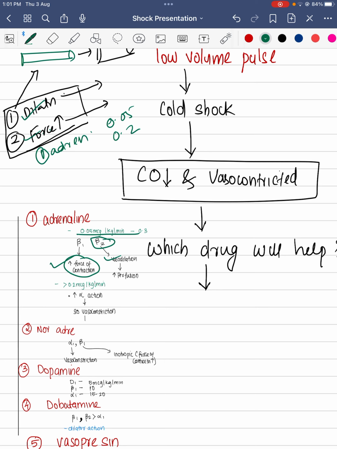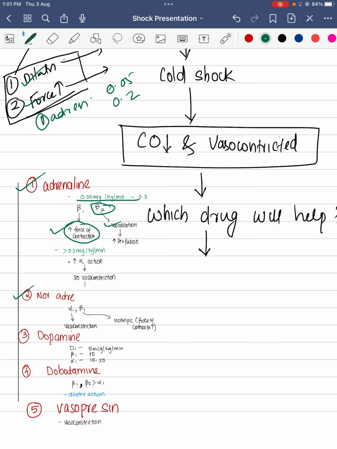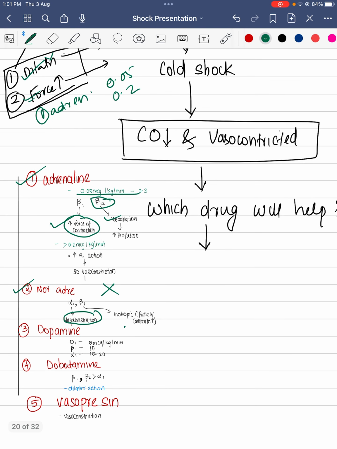These 2 actions can be done by adrenaline. Next, noradrenaline. Noradrenaline is a vasoconstrictor, so this action cannot be done, though the inotropic effect is there, so noradrenaline is not a good choice. Now dopamine. Dopamine has no beta 2 action, so no dilatory action, so dopamine is also not a good choice.